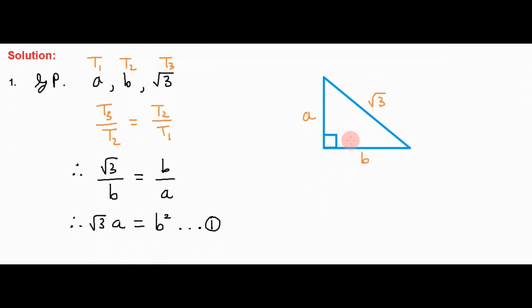We want to set up a second equation. So using Pythagoras, we know that a squared plus b squared equals the square root of 3 squared. And the right hand side here, of course, is 3. Now we're going to make b squared the subject here, and we can call this equation 2.